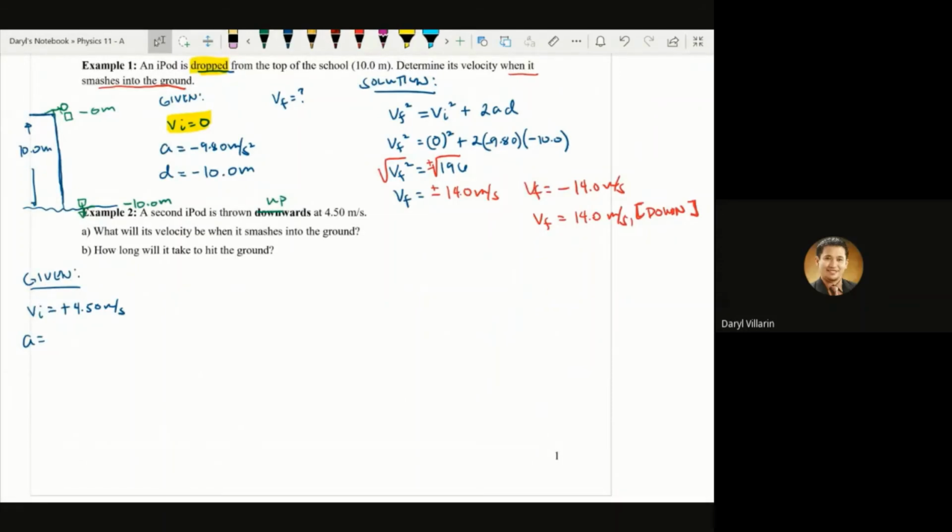It's just acted upon by the force of gravity, so it is now in free fall. So that's negative 9.8 meters per second squared. And displacement is negative 10.0 meters. So the question, letter A, is asking what would be the velocity, Vf, when it smashes into the ground?